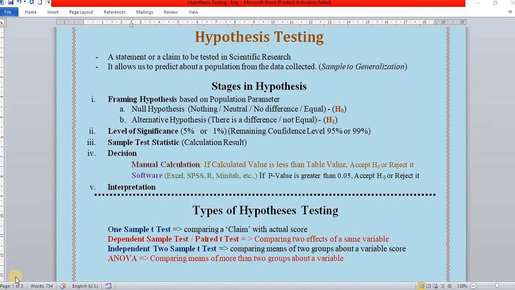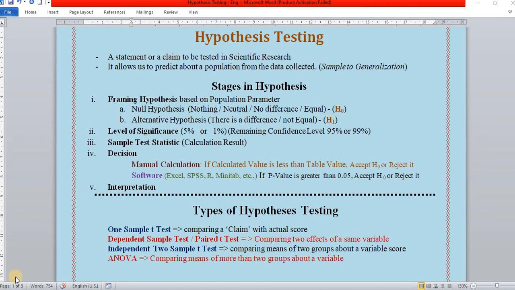And third stage is to calculate the sample statistic value. Then fourth stage is to take the decision. As we learned through our curriculum, the decision was made: if calculated value is less than table value, we accept the null hypothesis, otherwise we reject the null hypothesis.